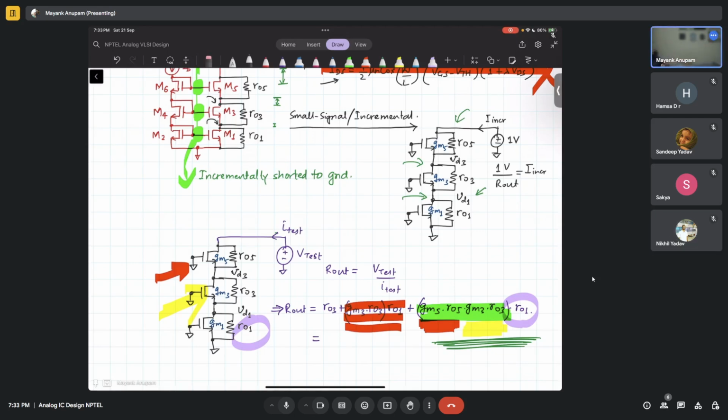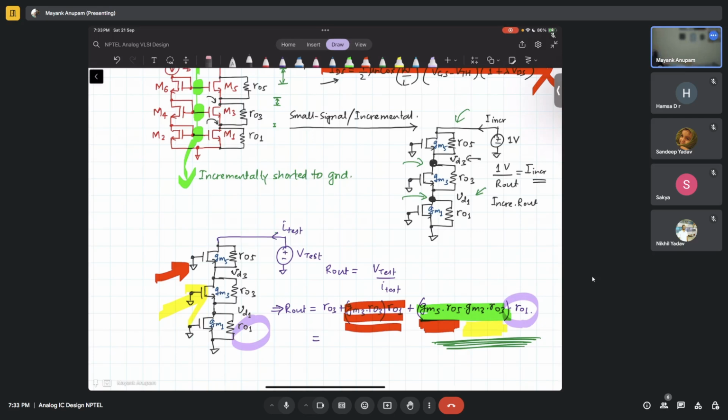Yes. And once you have this I incremental, you can find out the voltages at each node, right? You can find out the voltage at this node, VD3, and VD1 also. So how much will be VD3? VD3 will be I incremental times R out at this node, looking below it.